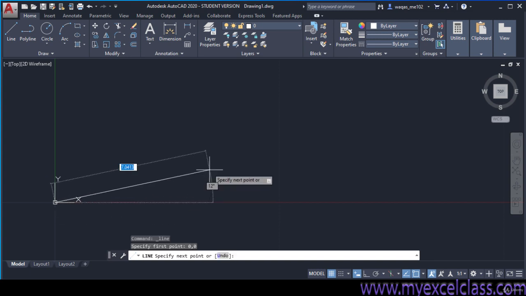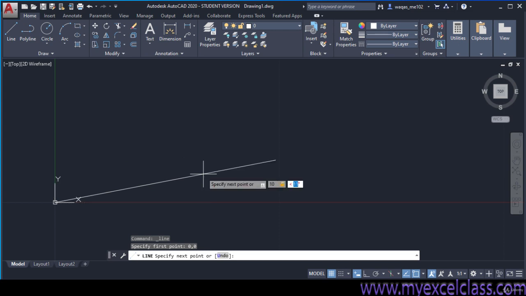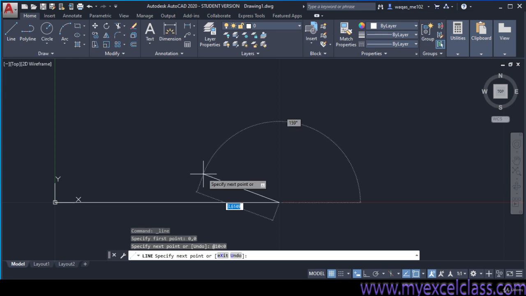I want to draw the same rectangle which we had drawn for the relative and for the absolute, having a length of 10 and a height of 5. So the first line will be 10 at the angle of 0.